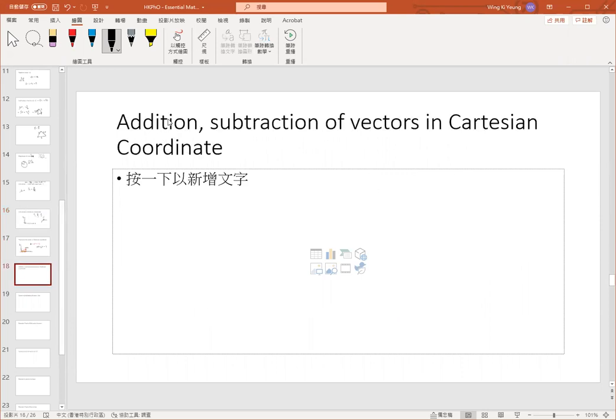After you represent the vector in terms of the i, j, k notations, it's very easy for you to do the addition and the subtraction. So let's say you are adding these two vectors together, a1i plus a2j, plus or minus b1i plus b2j.